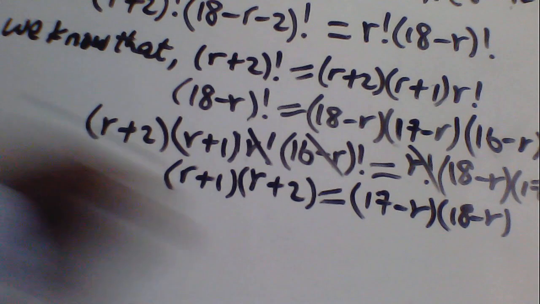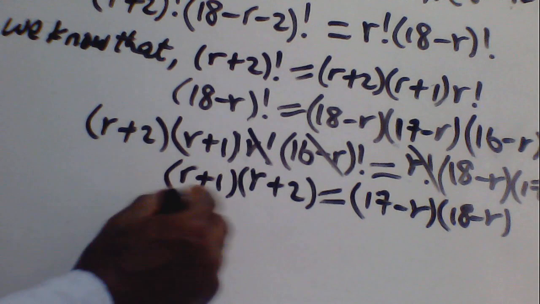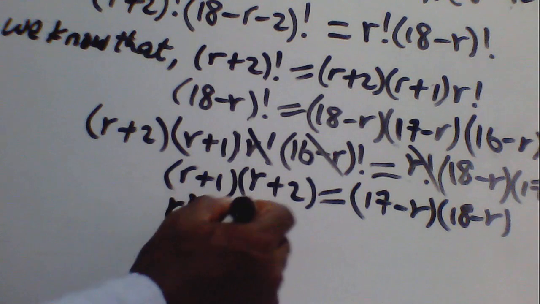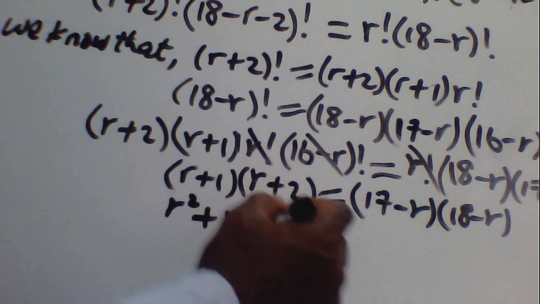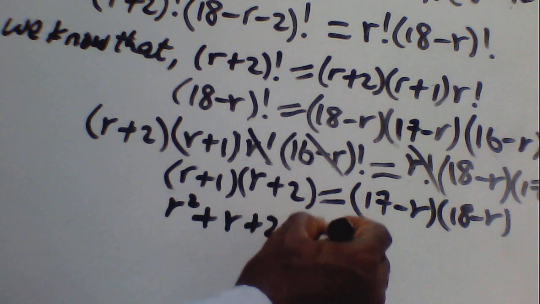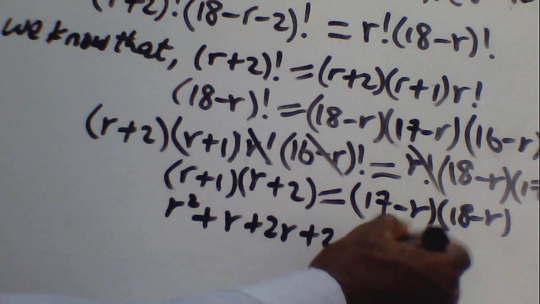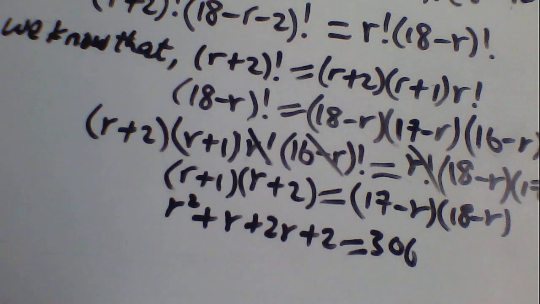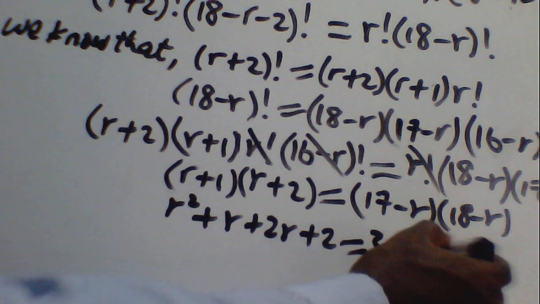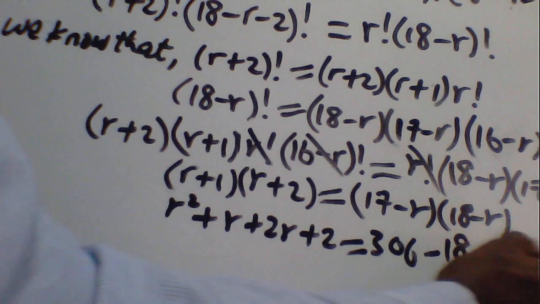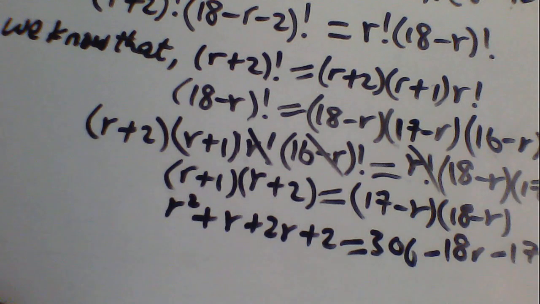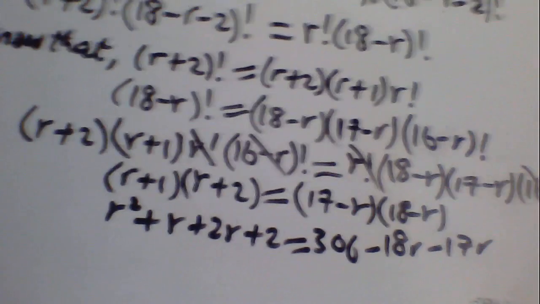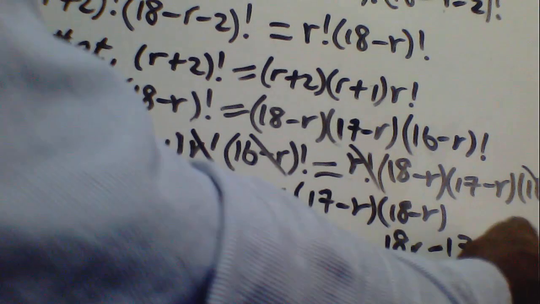R times R gives us R squared, plus R plus 2R plus 2 is equal to 306. 17 times 18 gives us 306, minus 18R minus 17R plus R squared.